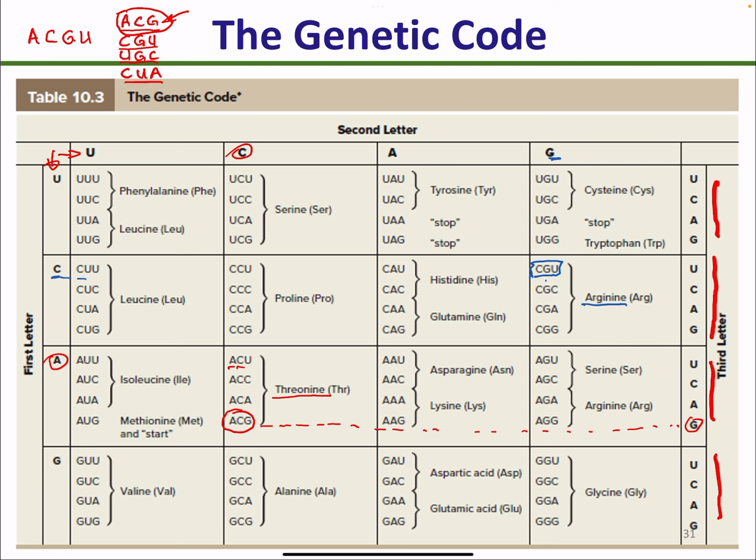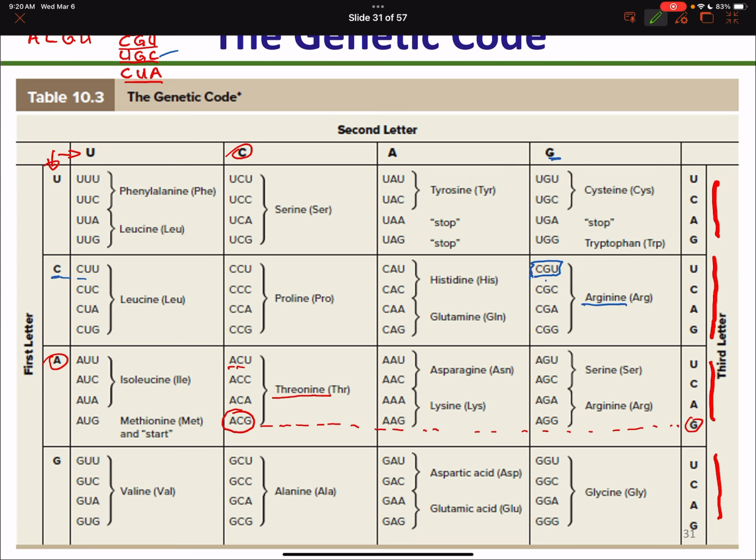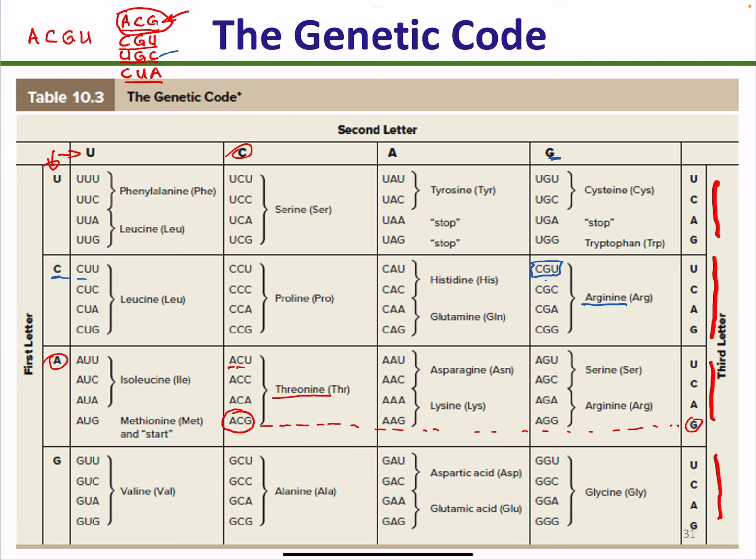And we can do this for whatever sequence. Another one is UGC right here. So UGC, let's change the color. Okay, so UGC, so now we have U right here. And where is G? We have G right here.